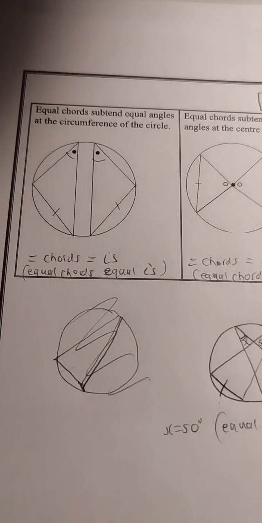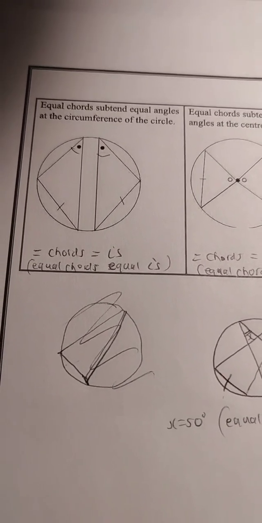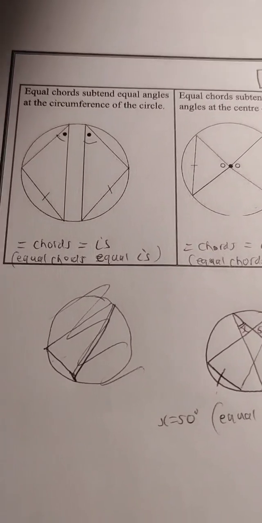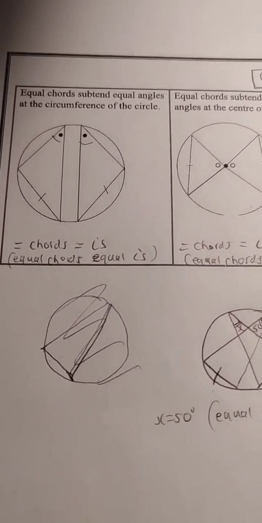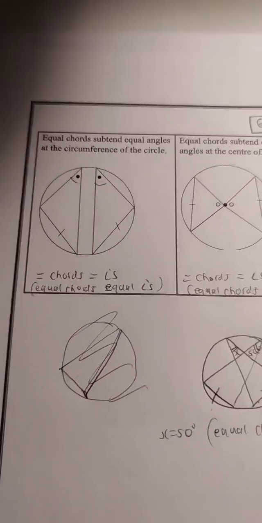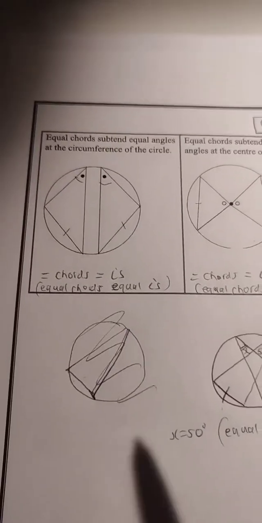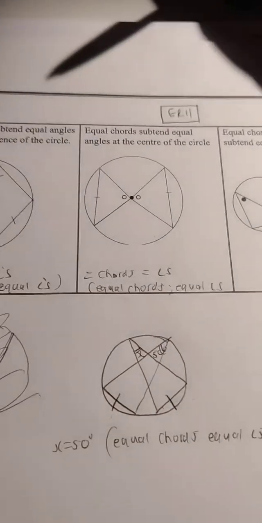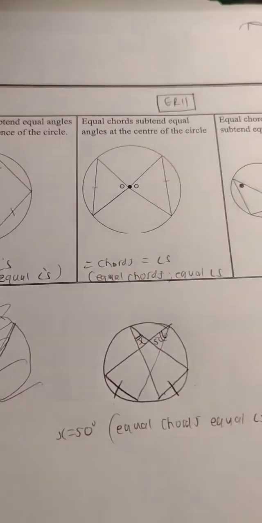Now all I'm doing is taking that theorem, angles in the same segment: angles subtended by a chord of the circle on the same side of the chord are equal. I'm saying to you, there are 3 corollaries. What is a corollary?